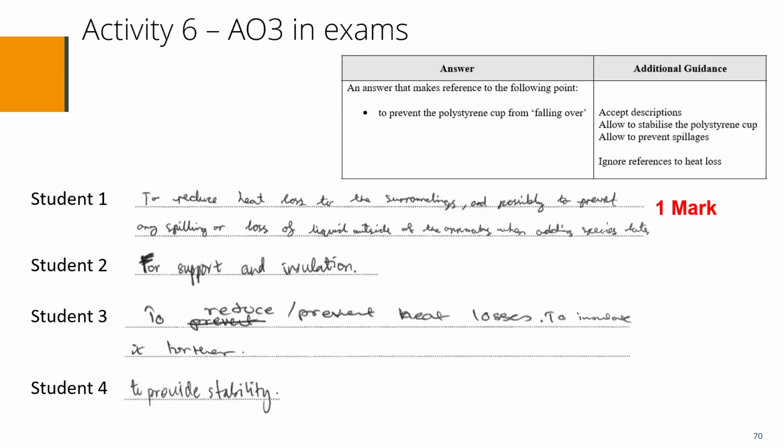References to insulation, i.e. heat loss, are ignored. So that scores 1 mark. To prevent heat losses is ignored. To insulate better is ignored. So no marks. To provide stability, you can see in additional guidance, it says allowed to stabilize the polystyrene beaker, scores 1 mark. Okay? So 1, 1, 0, 1.